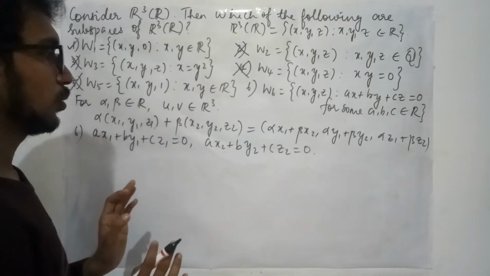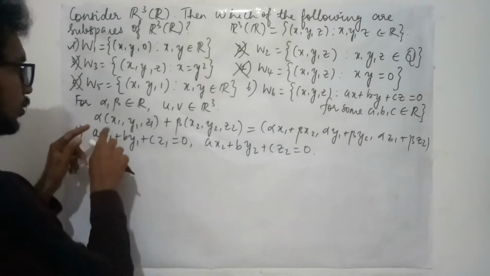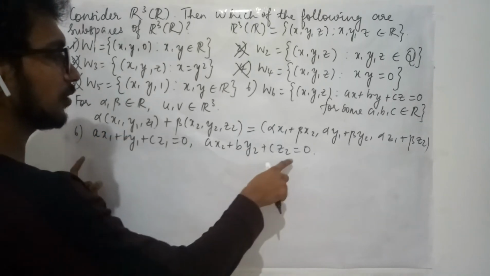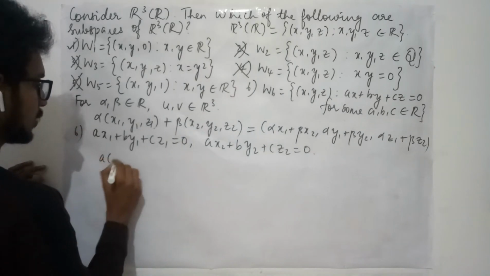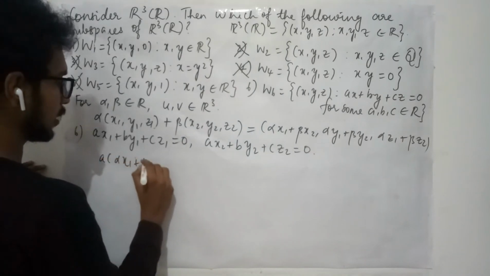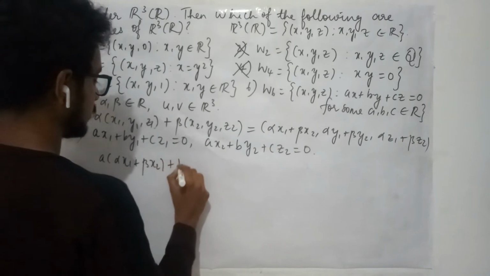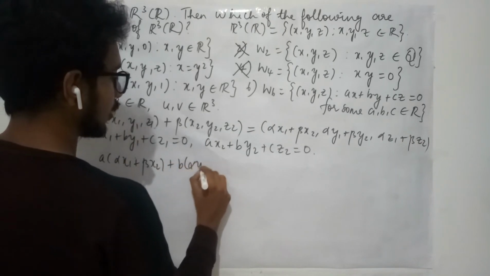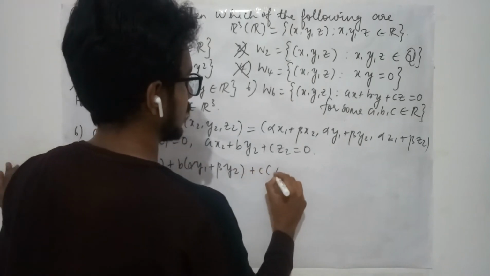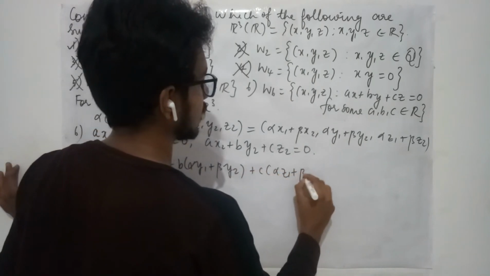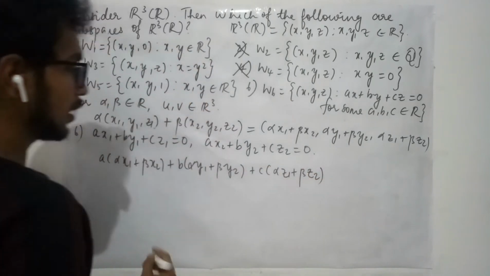Now, what should I do? I have to do a similar kind of equation for this case. That is a times alpha x1 plus beta x2, plus b times alpha y1 plus beta y2, plus c times alpha z1 plus beta z2, right?